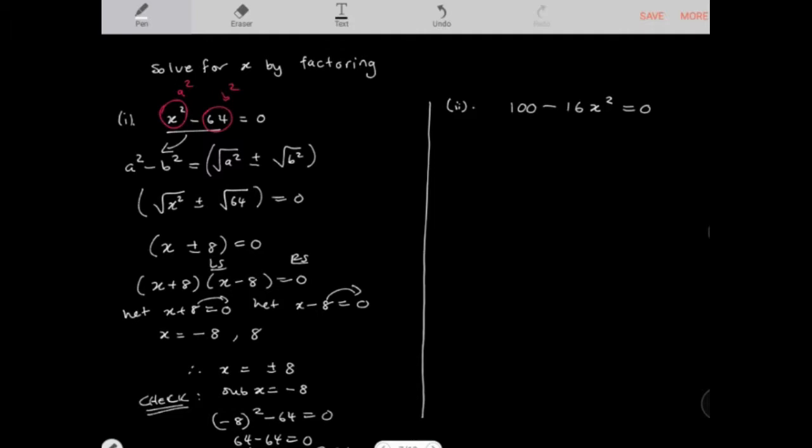Okay, let's take a look at the question on the right. Here is another example, and once again this looks like the a squared minus b squared technique. So it's a difference of squares, so let's factor out this expression. Let's call this a squared, and let's call this b squared.